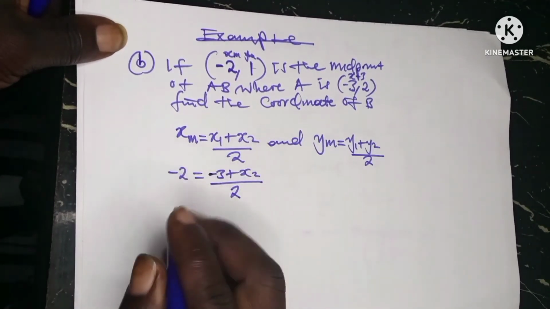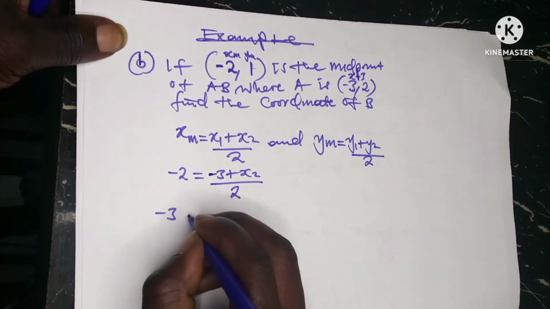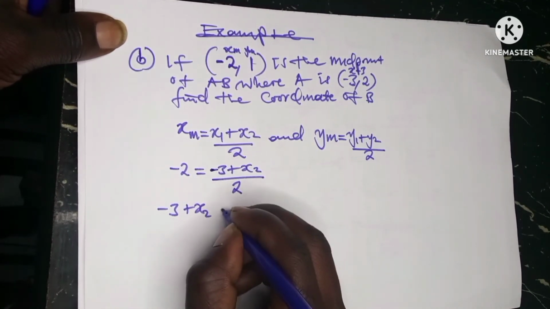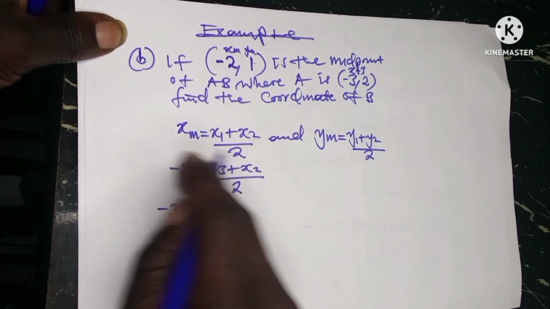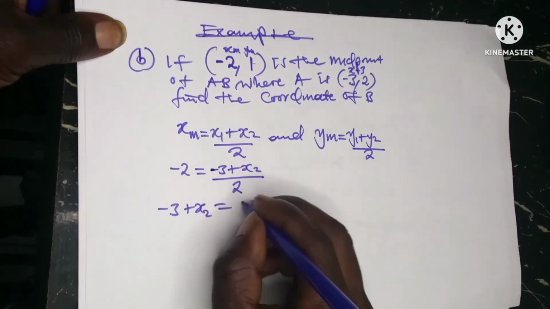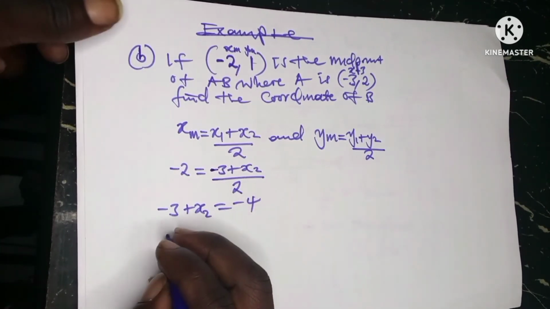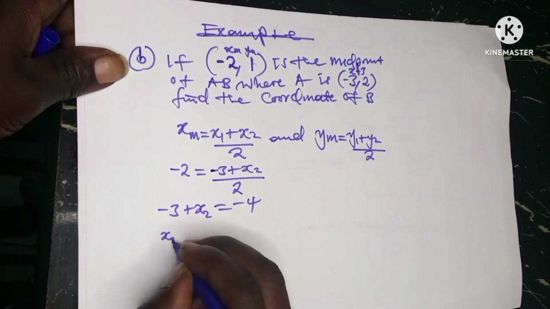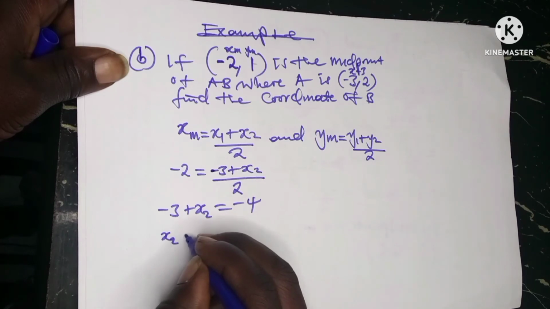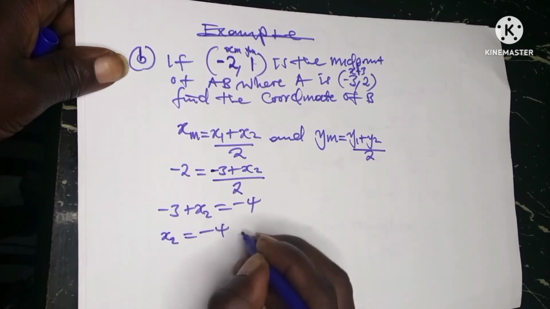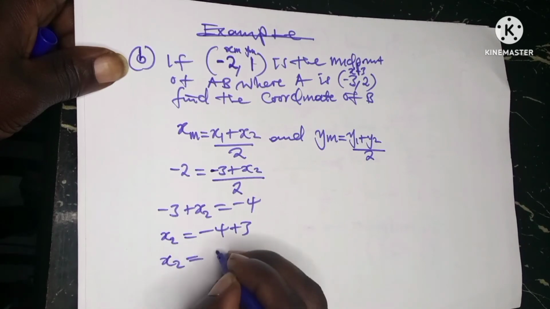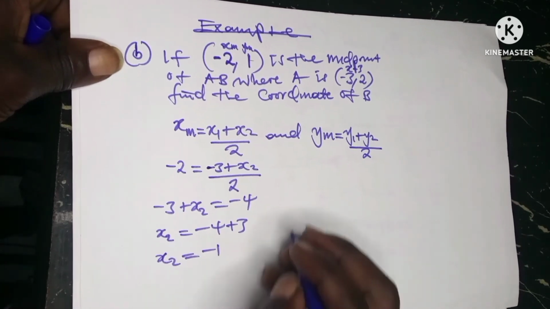Then 2 times this one, so it's going to be -3 plus x2 equals 4. So now x2 equals 4 plus 3. The answer is going to be 7.